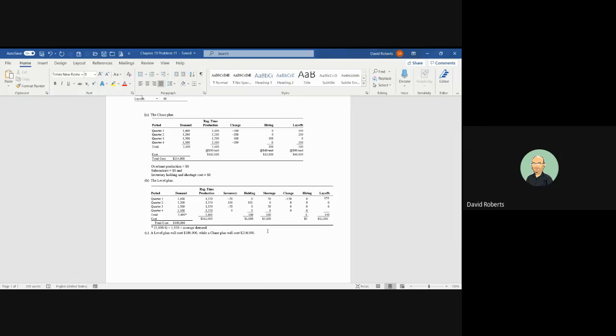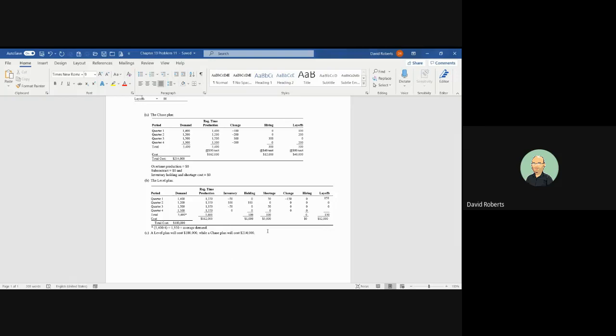So it'd be negative 50 as your beginning inventory, plus 1,350 as your production, minus your demand of 1,300, and you wind up with 0. And with a level production, when you get to the end, if you've done everything properly, you should have no inventory.